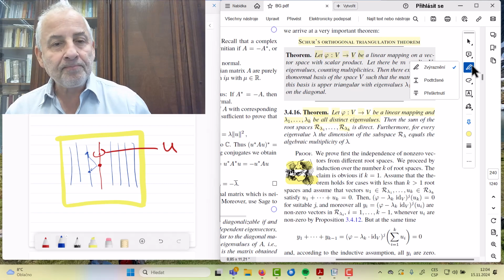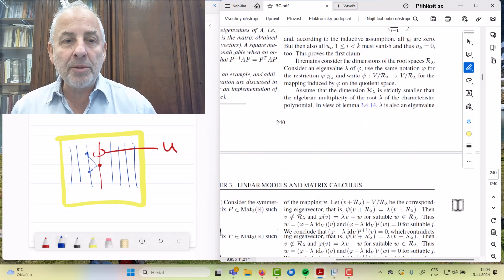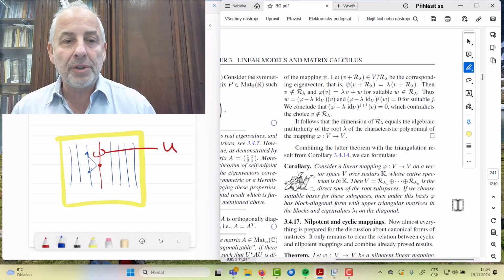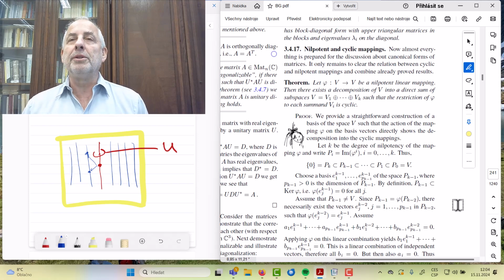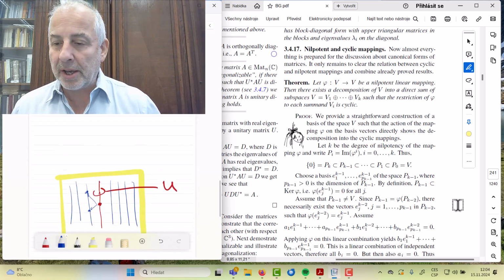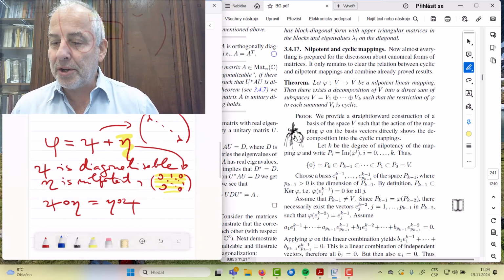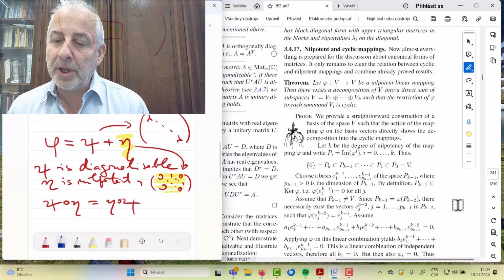Right, but this is not the end of the misery, because once we know this thing about the root spaces, we already know a part of what I try to indicate here as a more geometric picture, because we already know that there will be some decomposition like this.